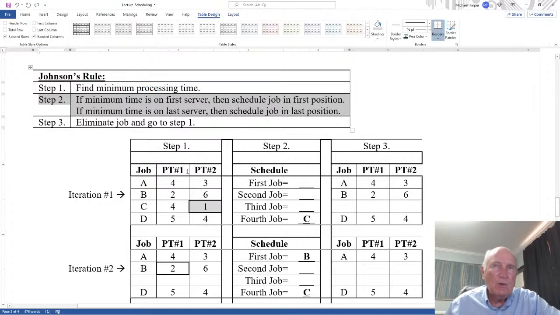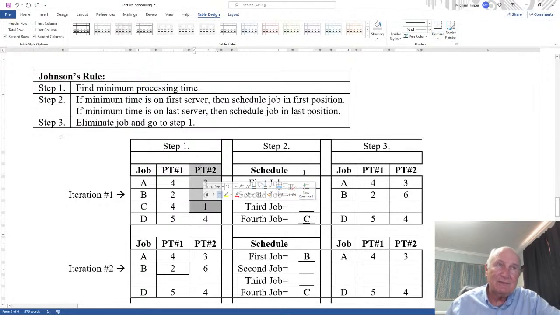Step 2. Well, if this minimum time is on the last server, in this case the second server, then schedule C in the last available position. And there it is. Now, if this minimum time had been on the first server, it's not, but if it had, I would have scheduled C in the first available position.